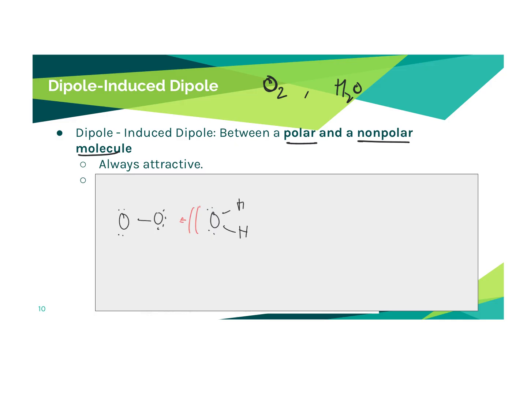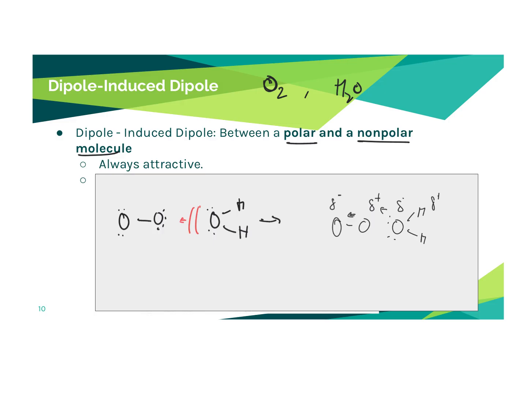And of course, electrons don't like being near each other. And so naturally the electrons from O2 will want to go this way. We'll have a slightly negative charge there, and a slightly positive charge there. As a result, the slightly negative end of our water will be attracted to the slightly positive end of our now slightly induced dipole oxygen.